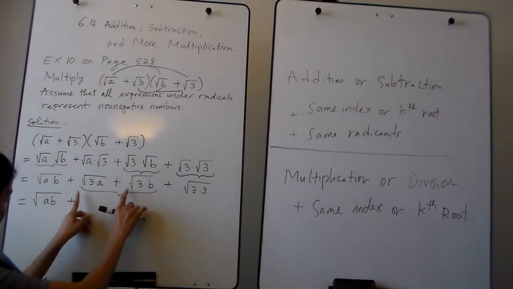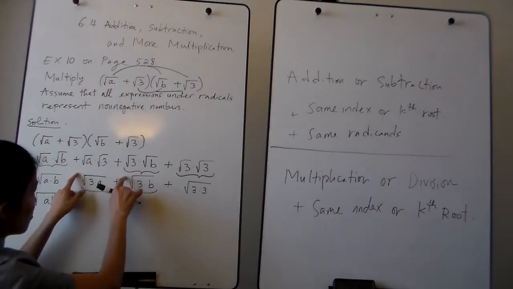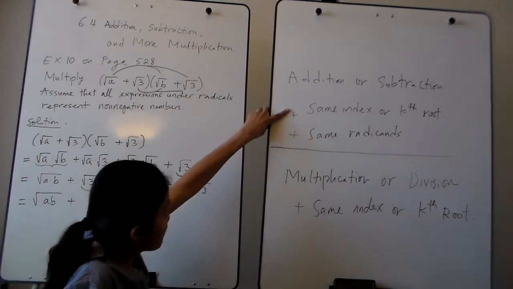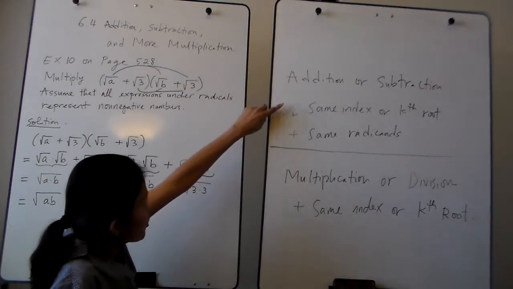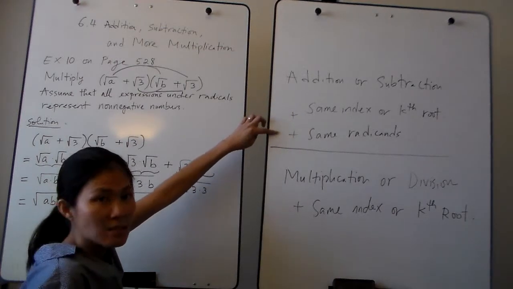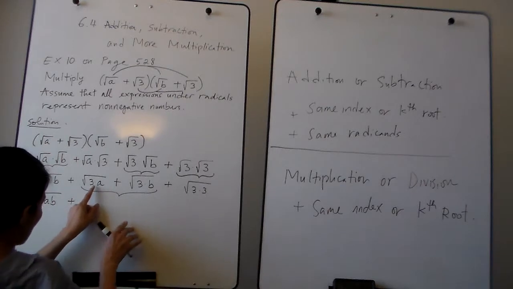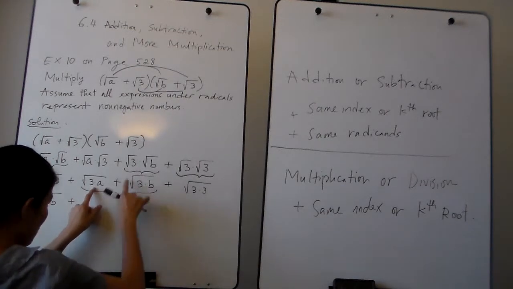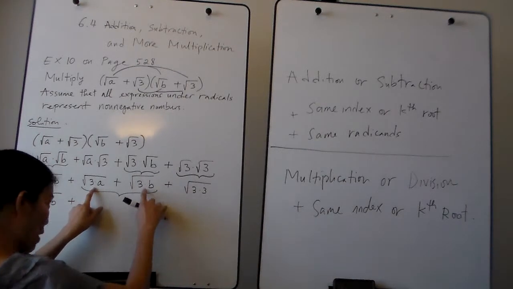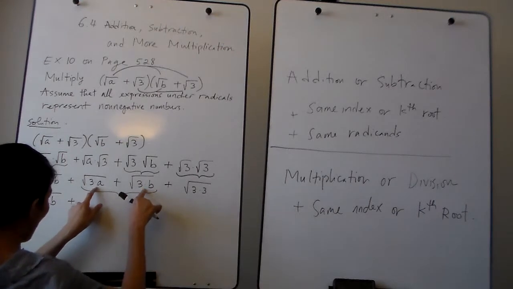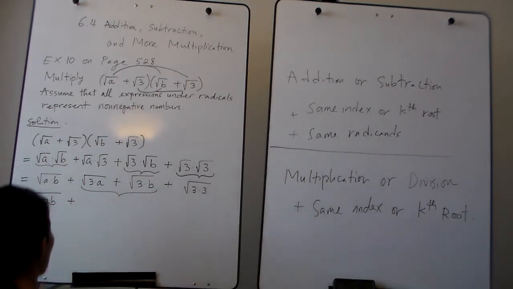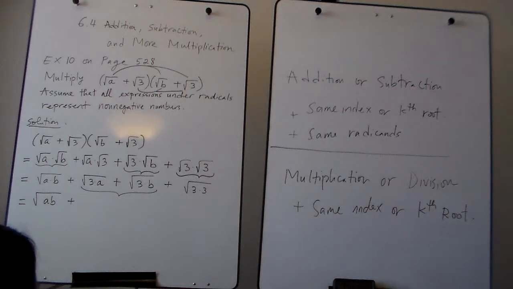And yes, both have square root, index is 2. Satisfy the first condition. Next, you need to check if the two radicals have the same radicands. This radical here has radicand 3a. This radical here has radicand 3b. So both 3a and 3b, you cannot combine them.